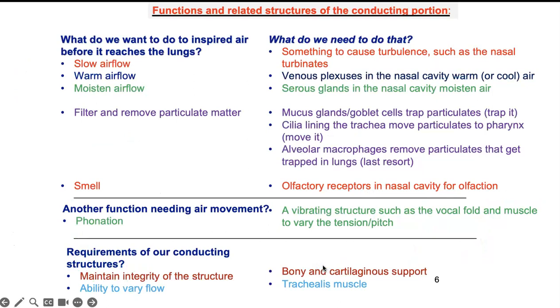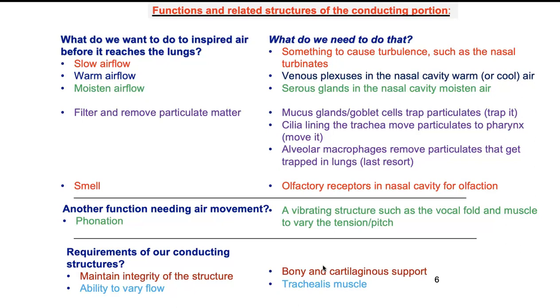So now let us see what should happen and which structures help with each action. When the inspired air comes inside, before it reaches the lung, it needs to be slowed. Slowing of the airflow usually happens by the presence of the turbinate bones.